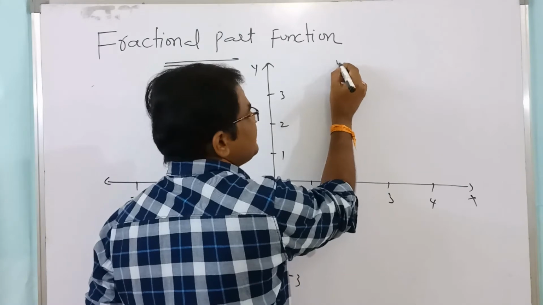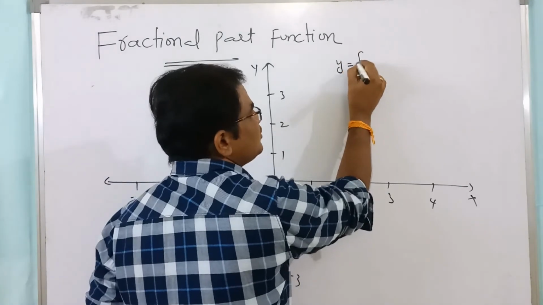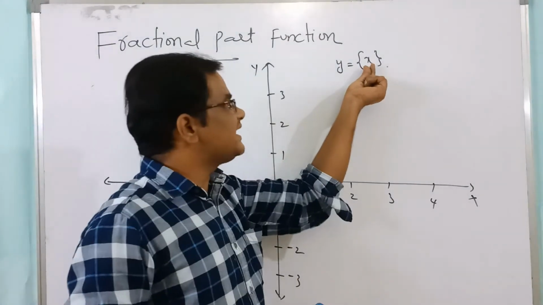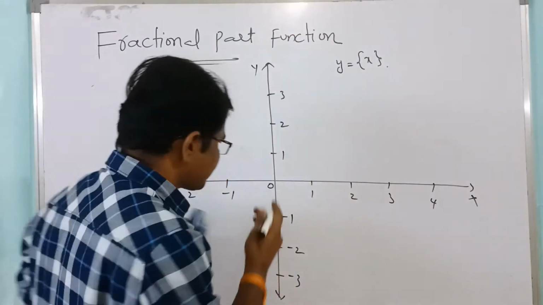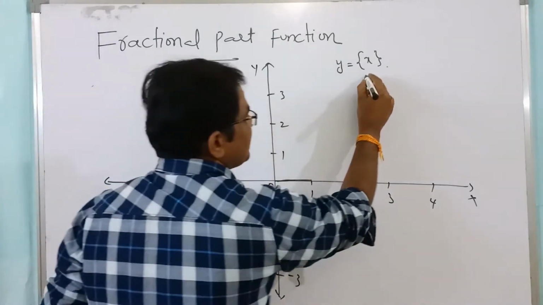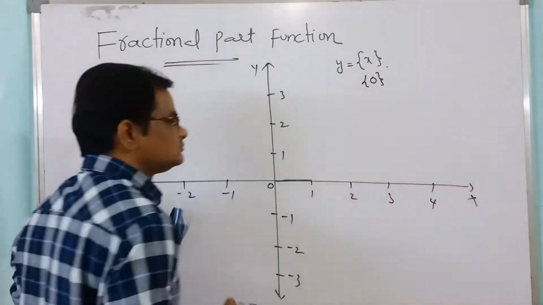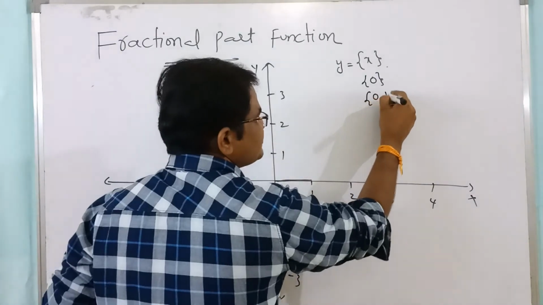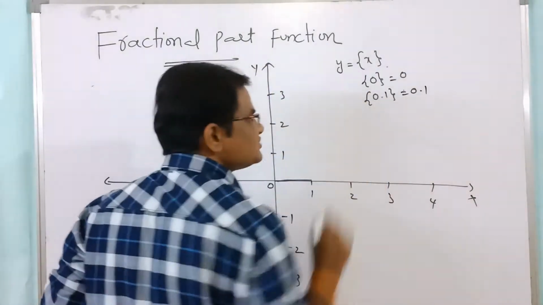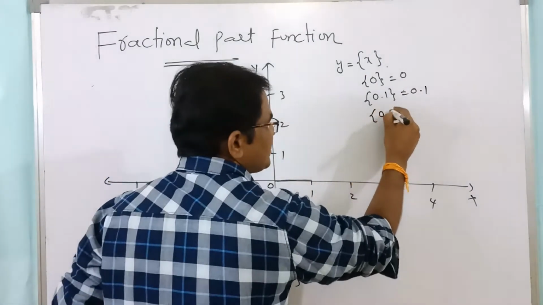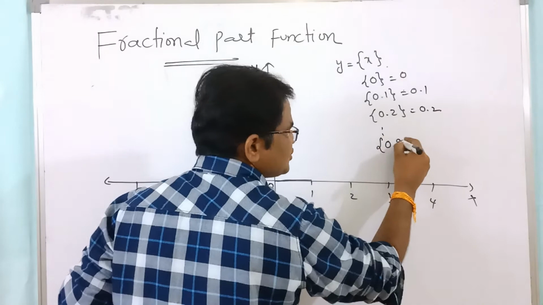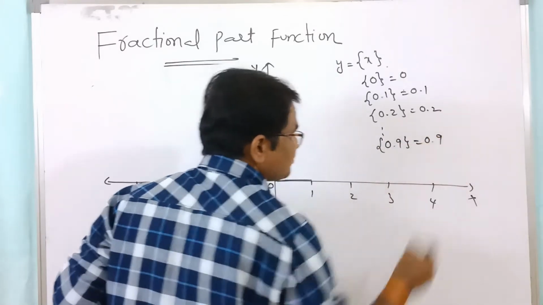So our function is y equal to fractional part of x. In this one you substitute any real number. Suppose from here to here you substitute any real number: the fractional part of 0 is 0 only, the fractional part of 0.1 is 0.1 only, the fractional part of 0.2 is 0.2, etc. The fractional part of 0.9 equals what? 0.9.